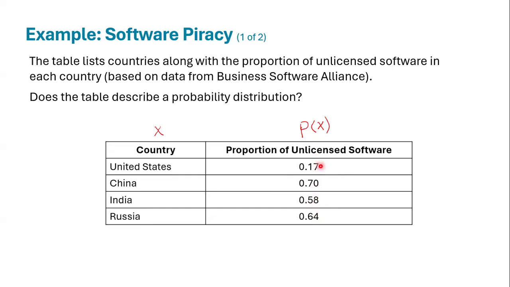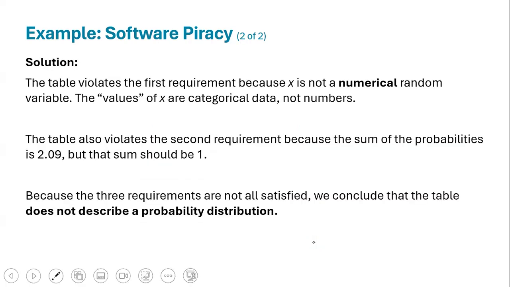Even if we add the rest, we get a number for sure more than 1. So it doesn't meet the third requirement as well. So this table does not satisfy the first and the third requirement. Random variables are not numbers, and the sum of probabilities is not 1. So we say no. This table does not describe a probability distribution.